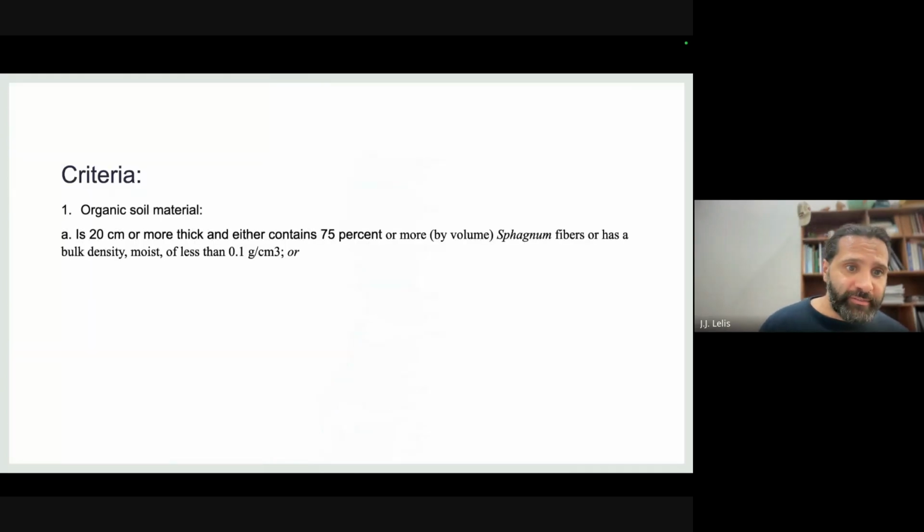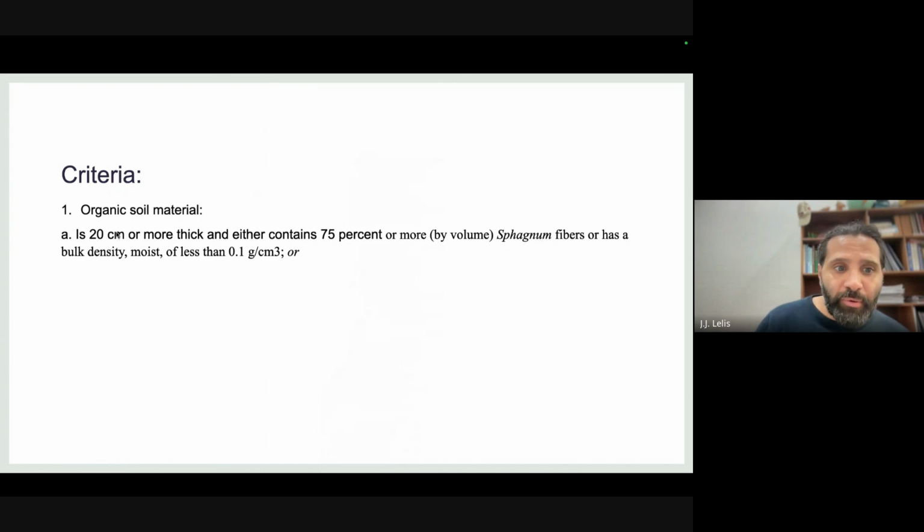So now let's see the criteria. First of all, the organic soil material should have at least 20 centimeters or more than this, and this material contains 75% or more of fibers, sponginal fibers, okay?